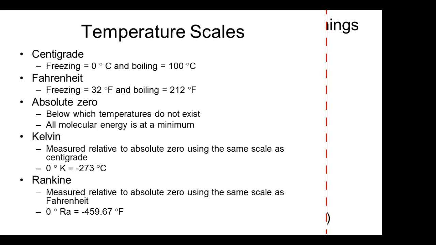So 0 degrees Kelvin actually equals minus 273 degrees centigrade, and 0 degrees Rankine actually equals minus 459.67. Now this is kind of like infinity. As far as I know, absolute 0 has never been obtained.